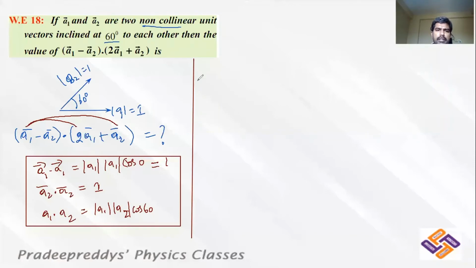It is A1 bar dot 2A1 bar plus A1 bar dot A2 bar, next minus A2 bar dot 2A1 bar, and then minus A2 bar dot A2 bar.